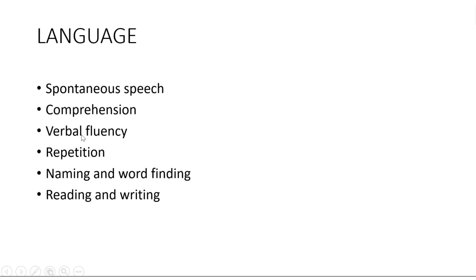All of these are the different aspects of language that you test. But before going on to testing any of these aspects, there are certain prerequisites that have to be met. And only then can you go ahead and test for language. What are these prerequisites? It is important that the patient's visual pathway, auditory pathway and sensory pathways, all of these sensory pathways should be normal.